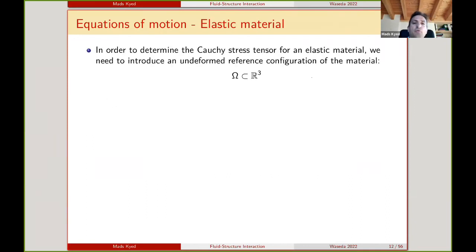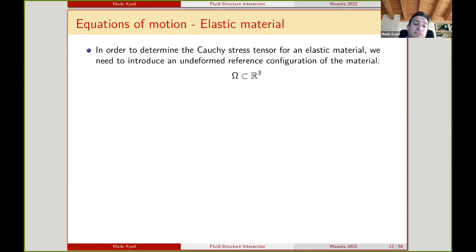And I will now move on to the elastic materials. Now I want to derive equations of motion for an elastic material. So again, we basically have to determine a Cauchy stress tensor, because once we have the Cauchy stress tensor, then via Newton's law, the conservation of linear momentum, we have an equation of motion for our material. Okay, so in order to determine the Cauchy stress tensor for an elastic material, we need to mathematically describe our elastic material.